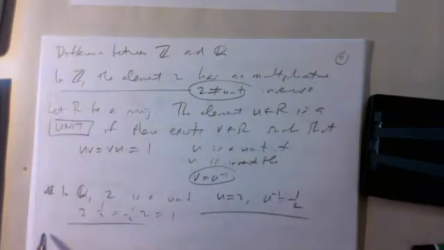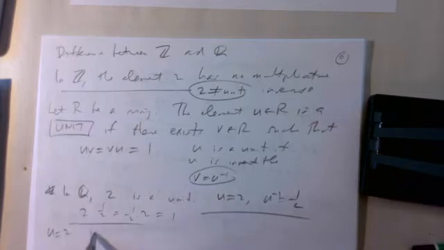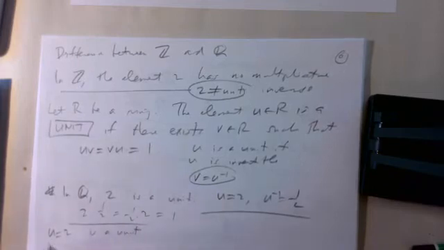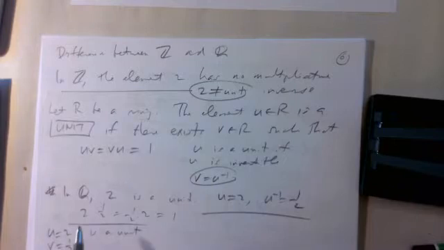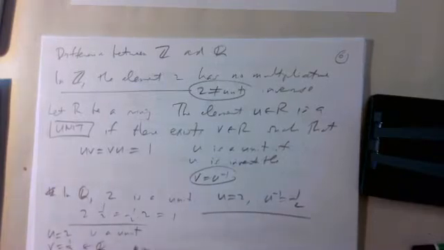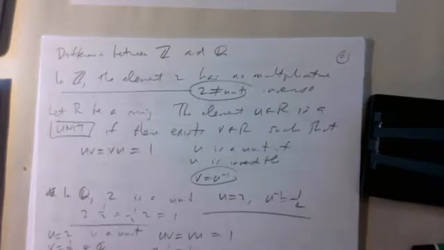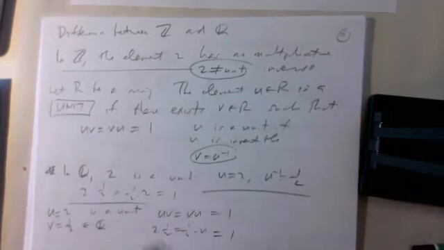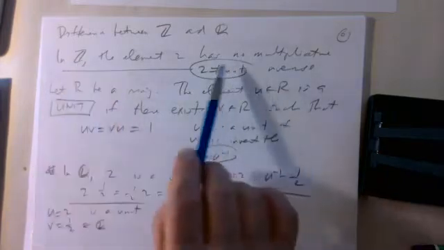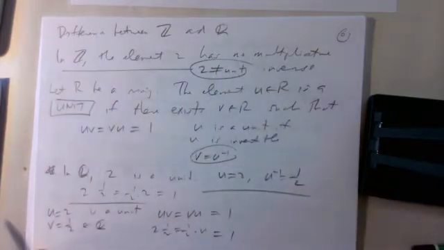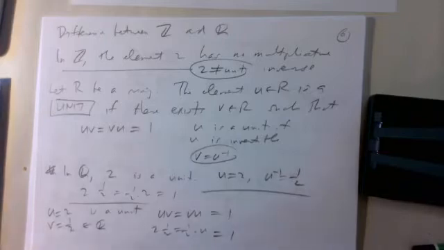So in the rationals, U equal 2 is a unit because if you take V equal to a half, which is also a rational number, U times V and V times U, this is 2 times a half or a half times 2, equal to 1. But a half is not an integer. So in the ring of integers, 2 is not a unit. But in the ring of rational numbers, 2 is a unit. Whenever you talk about something being a unit in a ring, it depends on the ring.